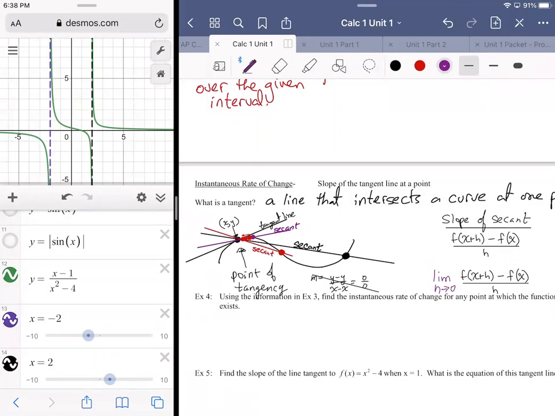So we can't determine what would happen if the horizontal distance was equal to 0, but we could determine what the slope would be as it trends towards 0. It's along the same lines as limits, where you don't actually have to get there. You just have to know what the result would be if you could get there. So it's that concept of infinity. So this is the slope of the tangent line.